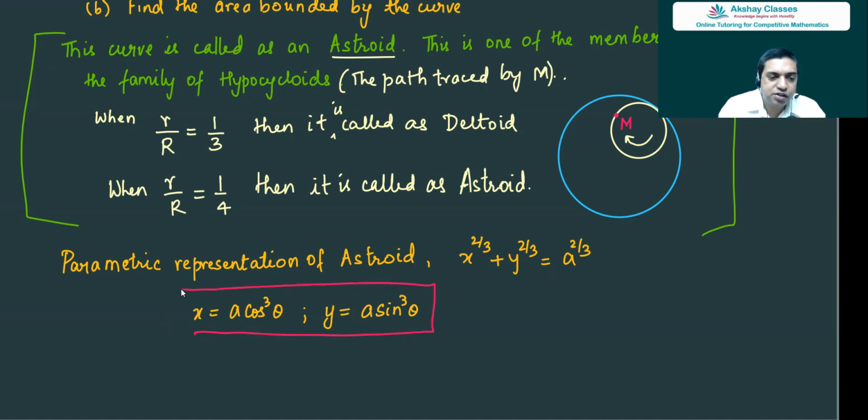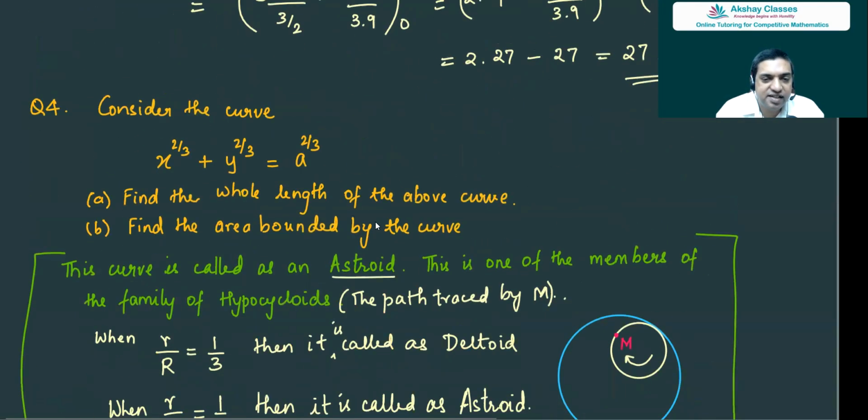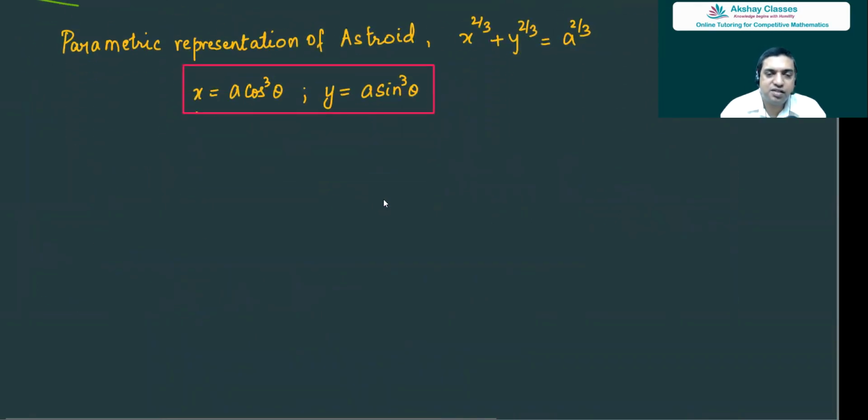So now let us trace the curve. You will not have the option in the exam of using the grapher. You will have to trace the curve by hand. So let us trace this curve by hand.